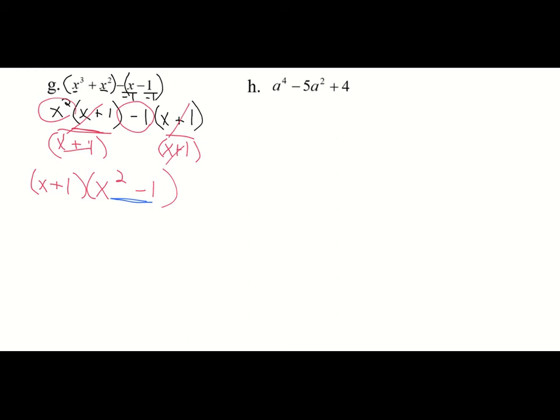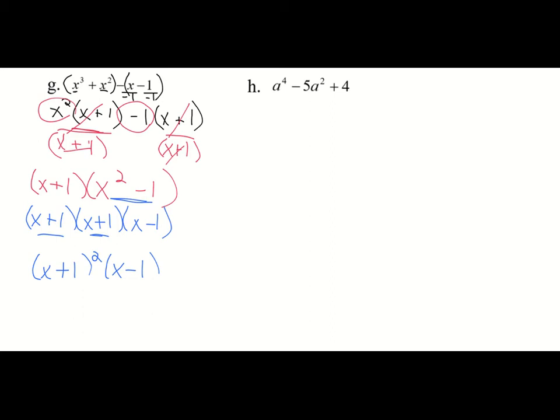So my final answer, or when I start off, I'm going to have x plus 1 times x plus 1 times x minus 1, because x squared, the square root is x, and 1, the square root is 1. Now, I can do one more thing to simplify this. I do have 2 x plus 1s here. So remember, you want to write it in simplest form. We want to write it as a power. So we'll do x plus 1 squared times x minus 1. And that's our final answer there.